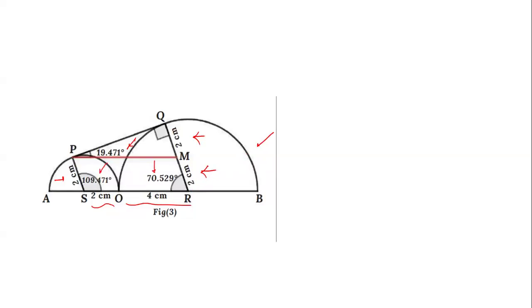So now we calculate other parameters. Here you can apply, you know, this whole thing is 6 centimeter because this is parallel to the SR. So SR is 6 centimeter, so this is also 6 centimeter, because these two lines are also parallel. So you can take the triangle PQM and apply Pythagoras theorem.